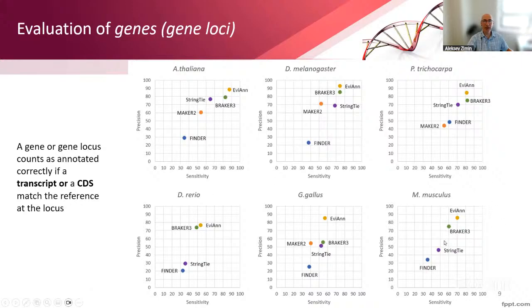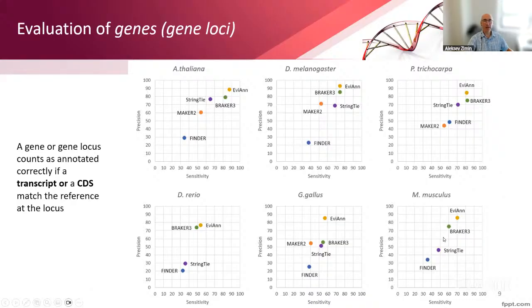And the reason for that is that I had to abort the Maker2 run after a month because it was just taking too long. I was just not willing to wait for longer than a month for a genome annotation. So Maker2 results will be missing for these particular organisms.